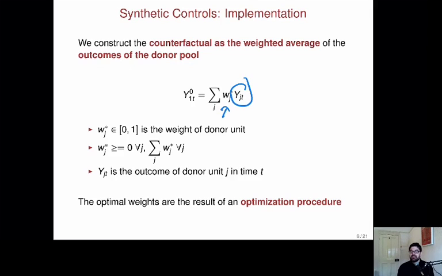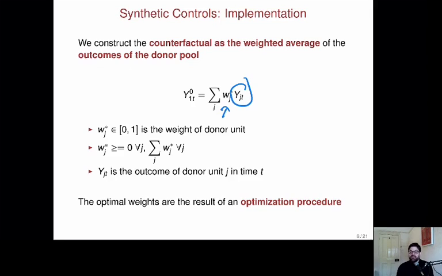And these weights have to be between 0 and 1, so greater than or equal to 0. You will see in practical applications that very often a lot of units in the donor pool will get 0 weight, and then a heavy weight rests on a handful of units.